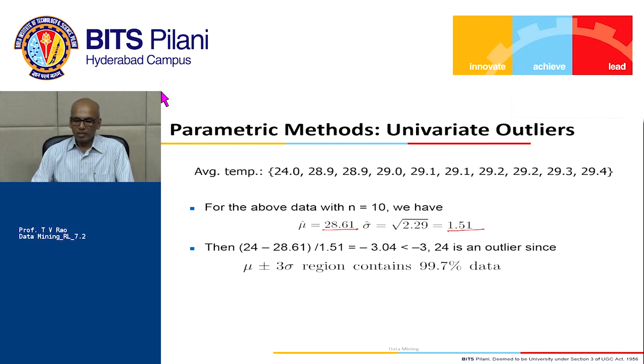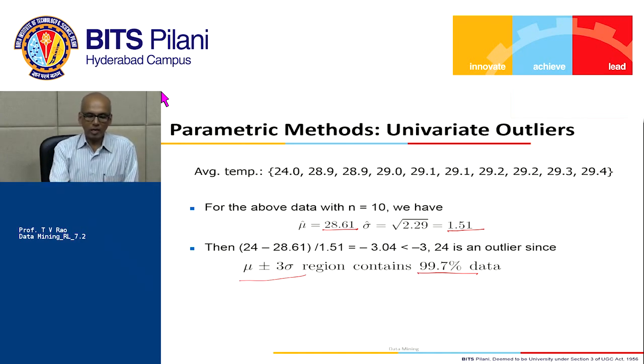We know that mu plus or minus 3 sigma in a normal distribution contains 99.7% of the data. If we think that anything beyond this range is likely to be an outlier, then we can check for each of these values whether it falls outside mu plus or minus 3 sigma.